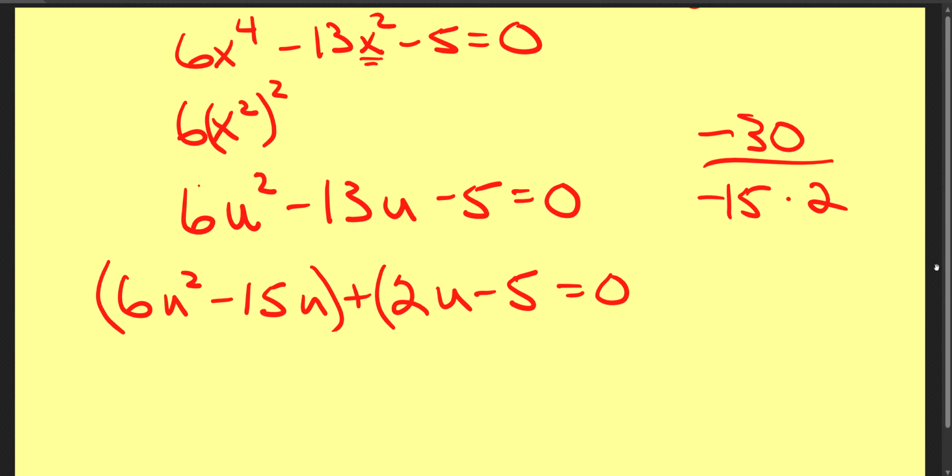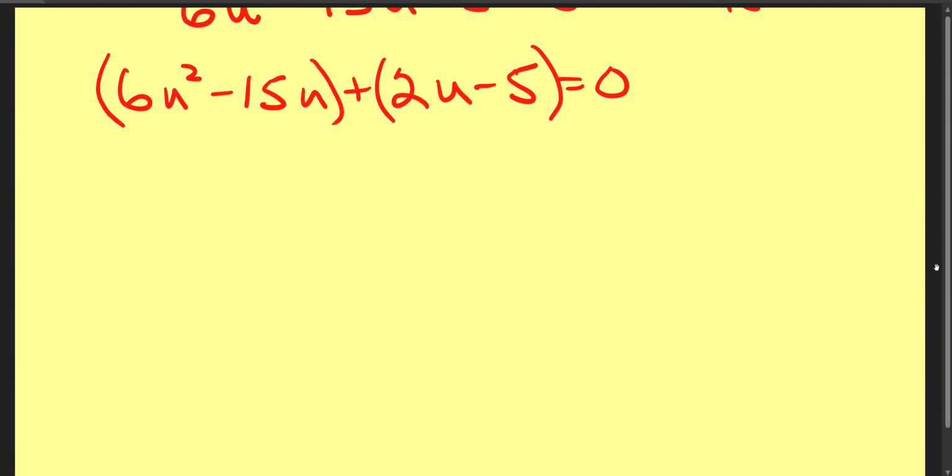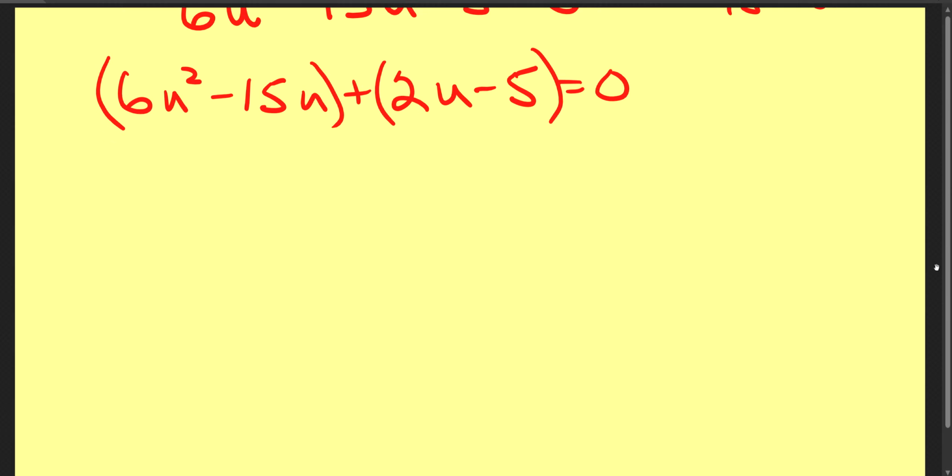Okay, let's group them. Here I'm going to take out a 3 and a u. Between 6 and 15, I take out a 3, and what's left is 2u minus 5. Bring down my plus sign.